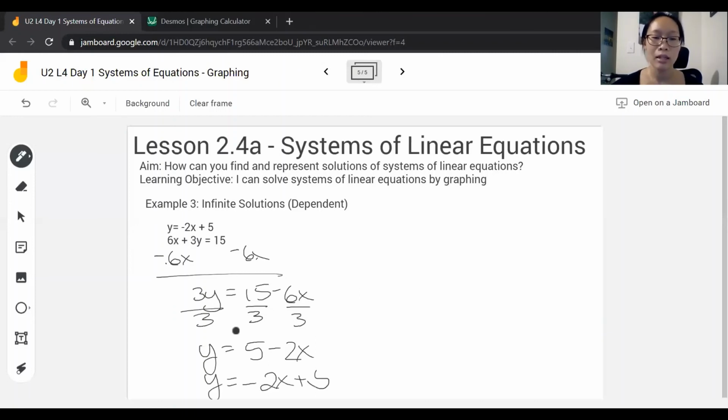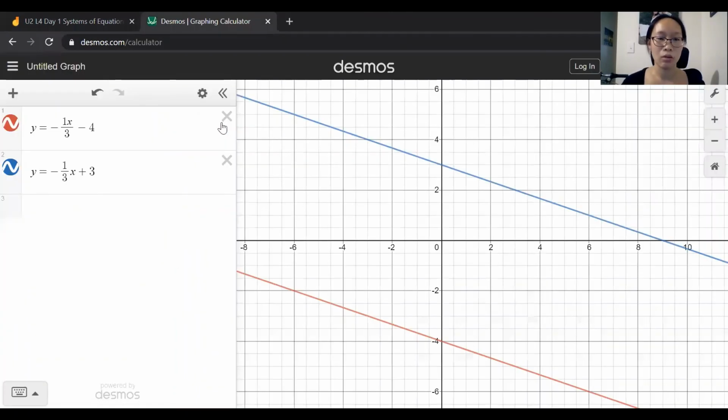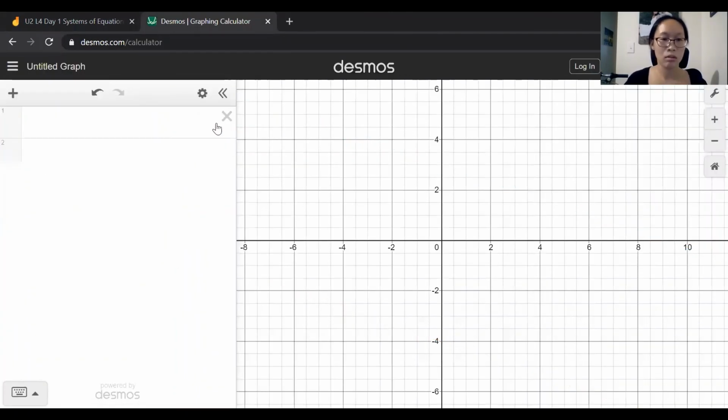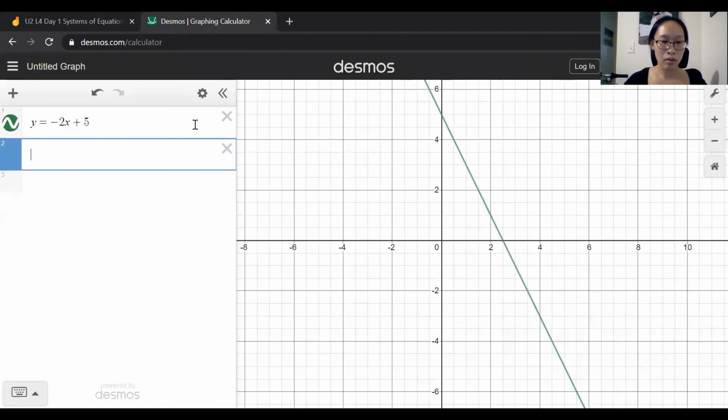But wait, this is the exact same line as what I have here. And so I can go to Desmos and see that y is equal to -2x plus 5. Y is equal to -2x plus 5. It gives me one line right on top of each other.